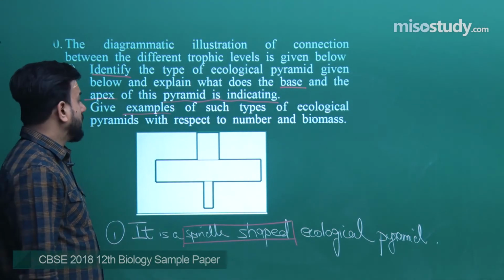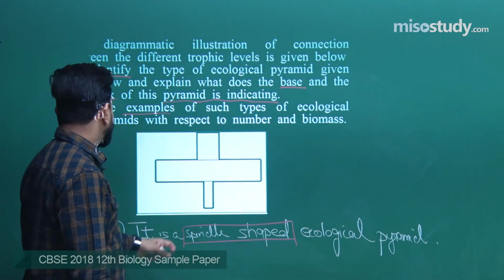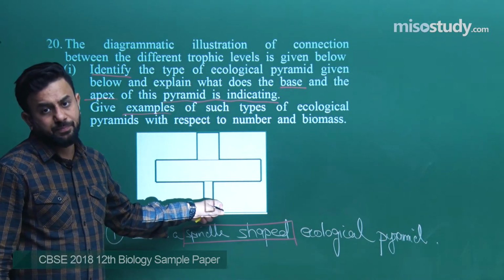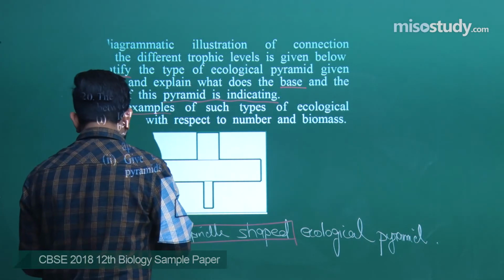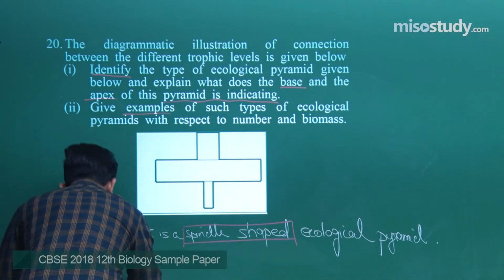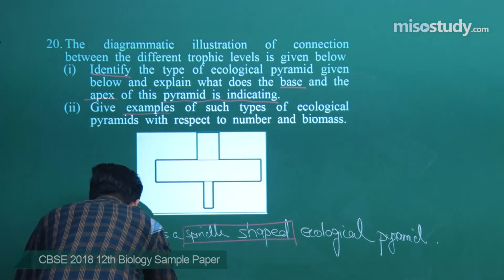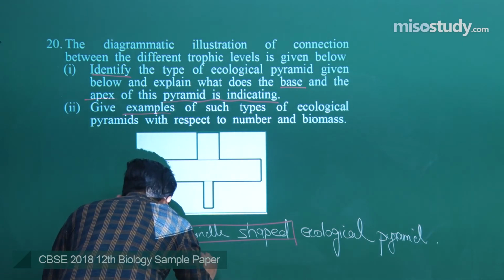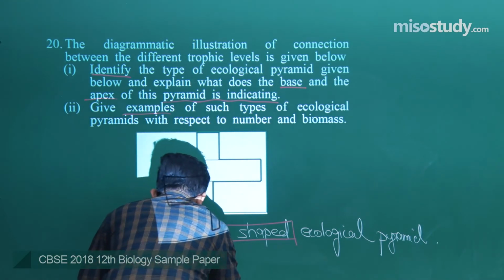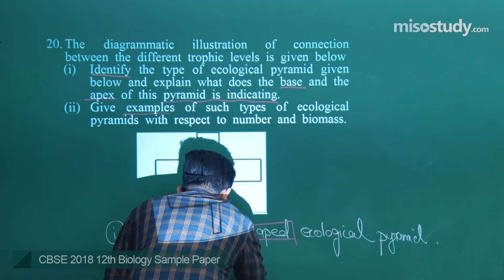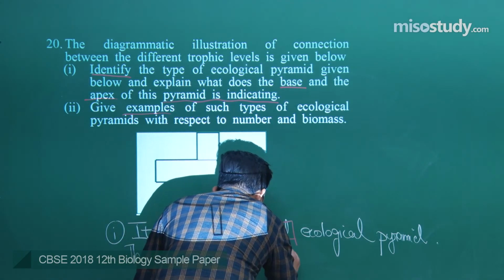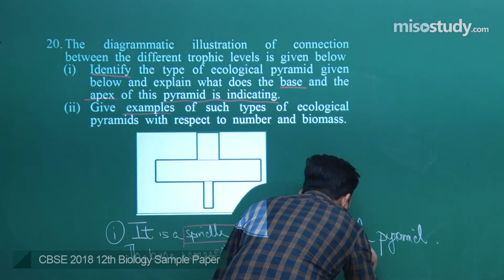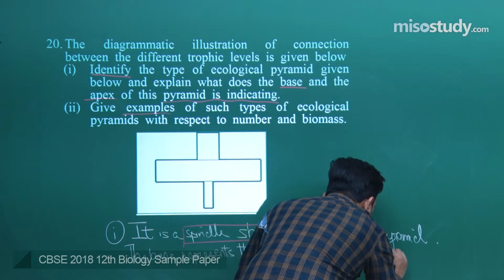Right? Then what does the base represent? The base is representing the producers over here. So I'll write this: the base represents the producers. And what are the producers? The first trophic level.